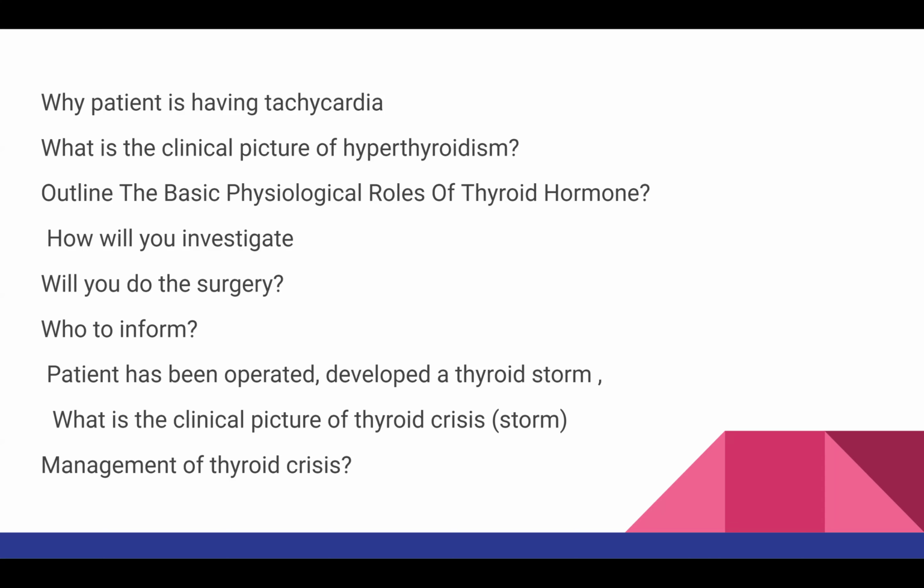It also needs to be communicated to the patient and their attendant. Whenever you are asked who will you inform, and the patient is a surgical patient, there are 3 to 5 areas which you have to touch in your answer. That's an important thing. So I added the surgical consultant, but along with that, we have to add the OR team also. Yes, the anesthetist, the OR team, because they will be waiting for this patient. Okay, sir.